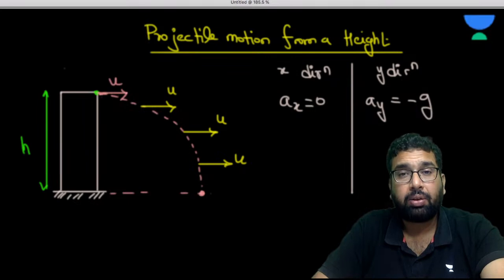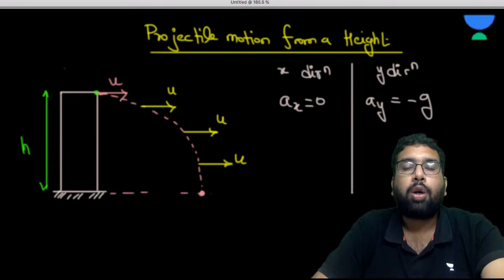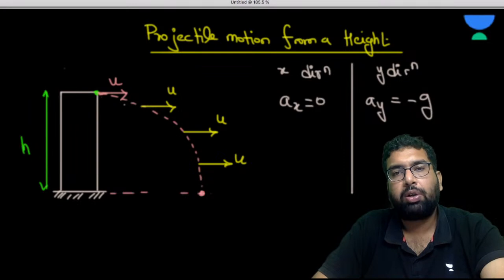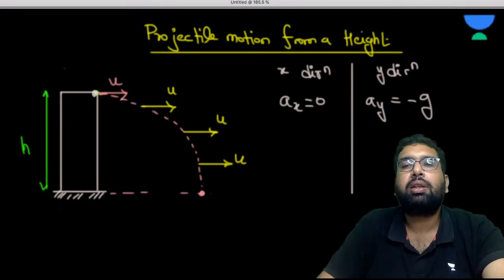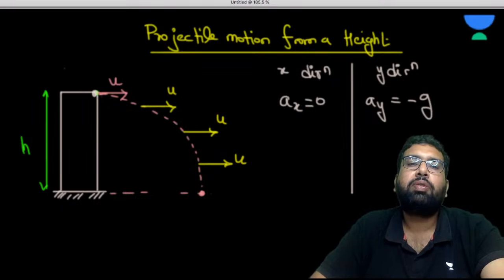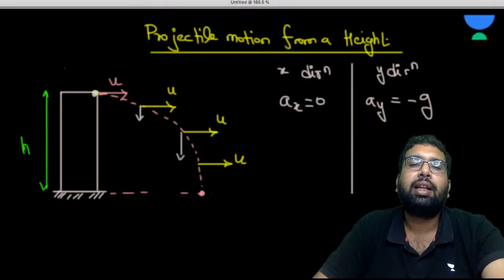But in this case, it is only having a horizontal velocity. So when it is only having horizontal velocity, the initial velocity in y direction is going to be 0. Now, what is going to happen to the velocity in y direction? Since the acceleration is minus g, that is, the acceleration is downward, initially the velocity is 0, but due to this acceleration, the velocity will increase in this negative y direction.